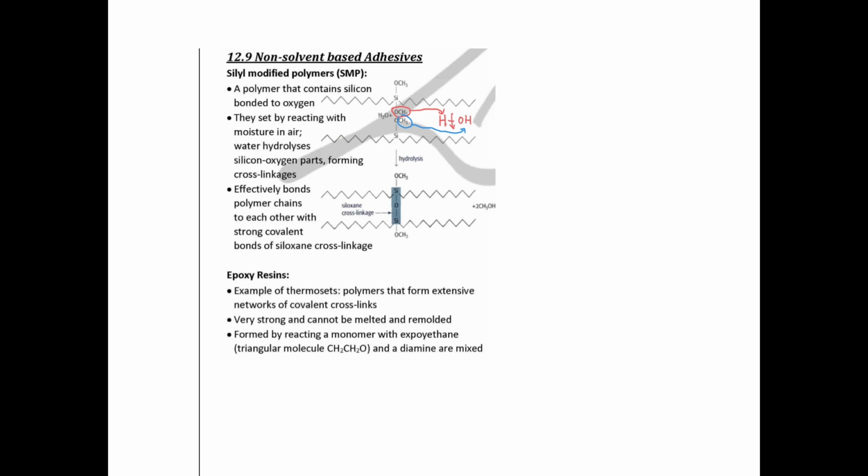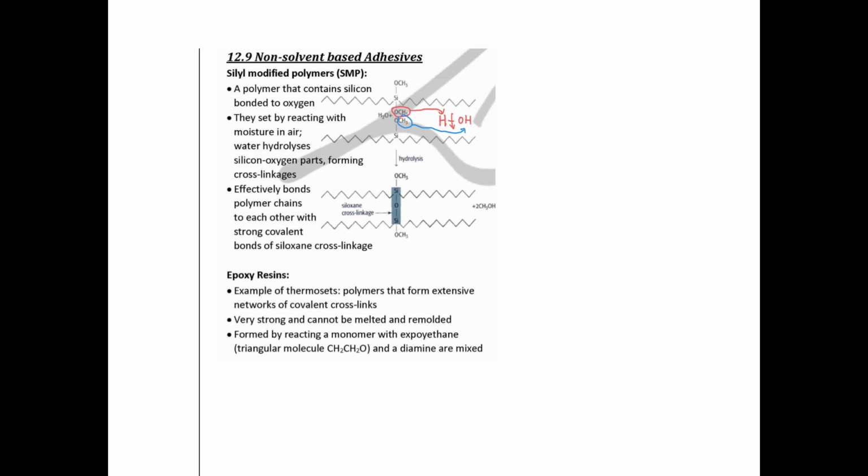So now, next point. Effectively bonds polymer chains to each other with strong covalent bonds of siloxane cross linkage. So settled already. Okay, so we already finished the first type of adhesive.